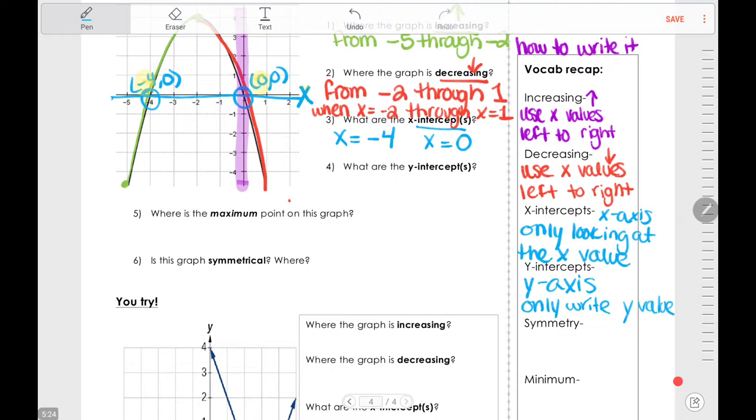So where does it hit? Same point, but now I'm only focusing on my y. So the y-intercept is y equals 0.